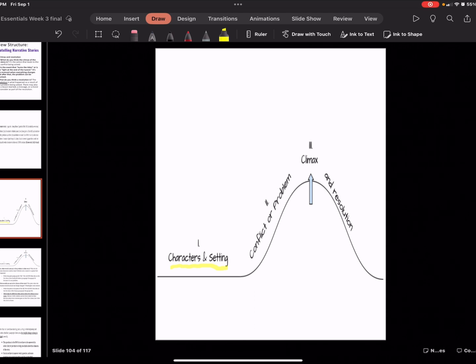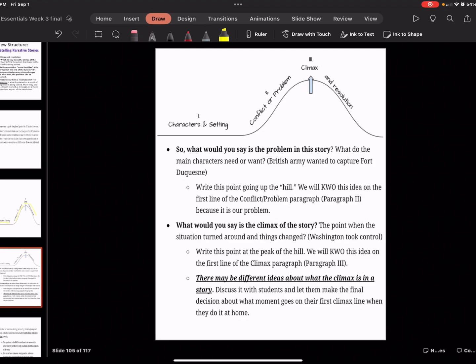We're just setting the scene. Then we have the rising action with the conflict or problem. We have the top of the action, which is the climax, and then we have the falling action, which would be the resolution.